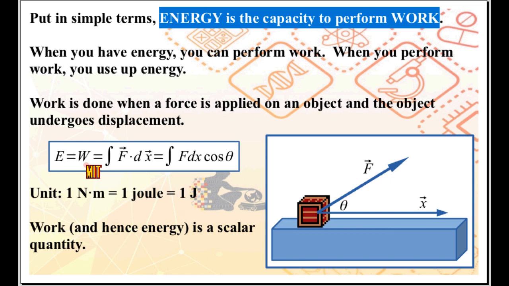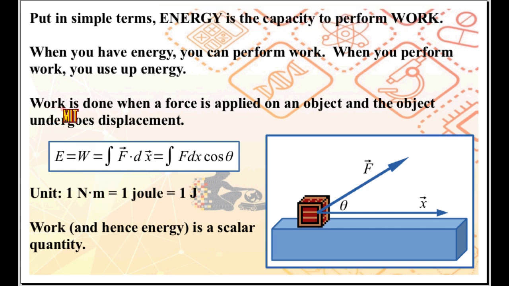As such, energy and work both have the same unit, Newton meter. Newton meter has an equivalent unit, joule, or capital J. So 1 joule is the unit for energy and work.